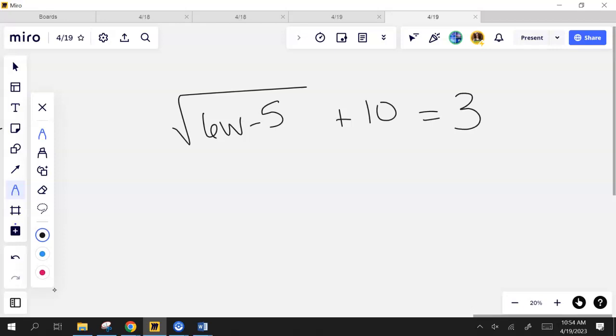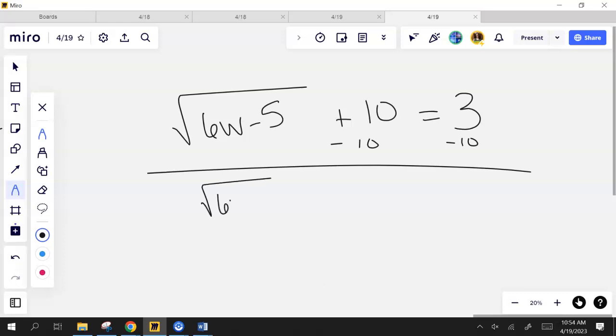Solve for W. We should move the 10. Moving the 10 because I'm isolating the radical. Now what?